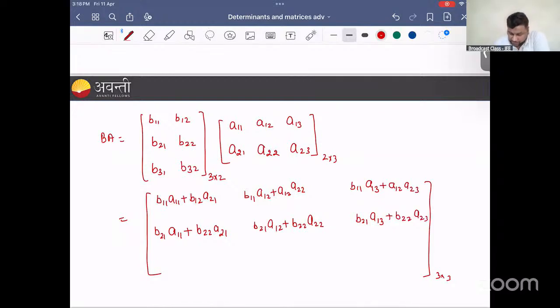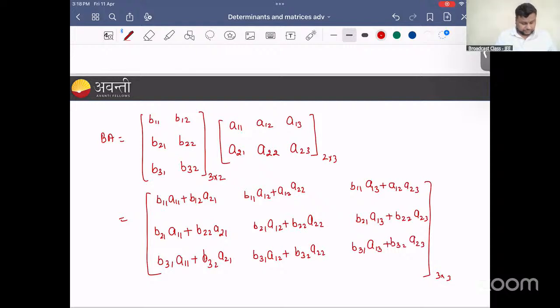Then come to the third row: B31 A11 plus B32 A21, B31 A12 plus B32 A22, B31 A13 plus B32 A23. Am I correct? Is this okay, everyone?